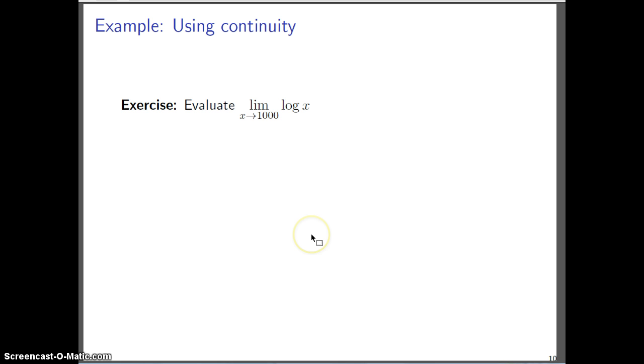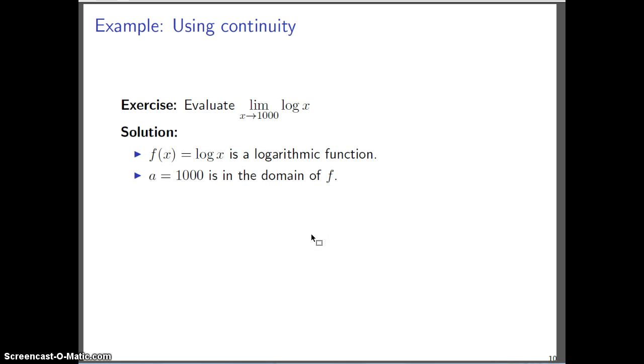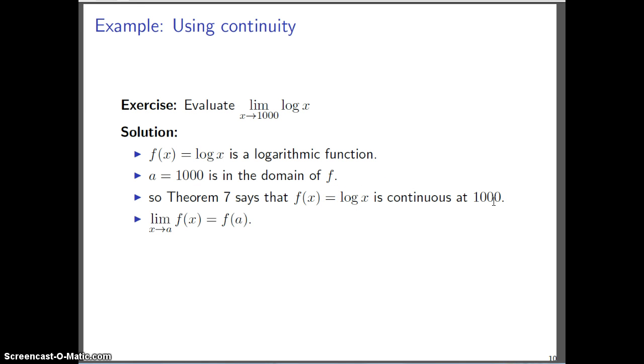Okay, second example, same idea. Logarithm is a continuous function, and 1000 is in the domain of that function. So both requirements of Theorem 7 are met, and therefore the function log of x is continuous at the x value of 1000. And what continuity means is that this equation is true.